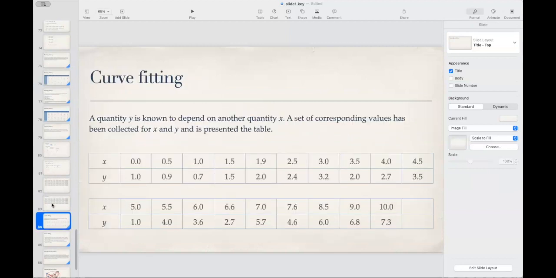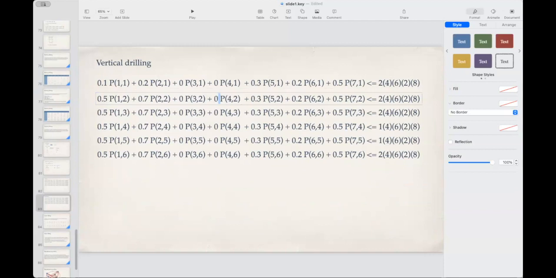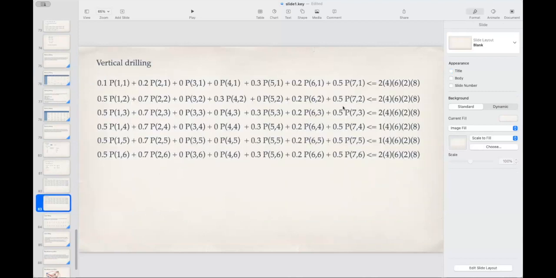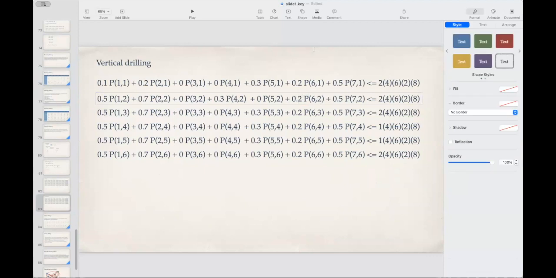Okay. 0 and 0.3, and then 0 again. Yes. And 0.6 and 0. Okay. Oh, no. Not this one. Sorry. 0.6 and 0.